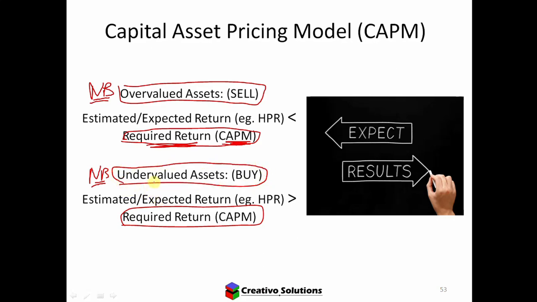So in certain questions, they might be asking you about whether you should purchase, buy, or sell a particular asset, and you might have to compare the different returns that are available in the question, either the expected return or the estimated return that's provided or given, or you might have to calculate it, and then compare that to the capital asset pricing model, the CAPM required return. If you compare the expected return to the required return, that will give you a decision either to buy or to sell, depending on whether the asset is overvalued or undervalued.